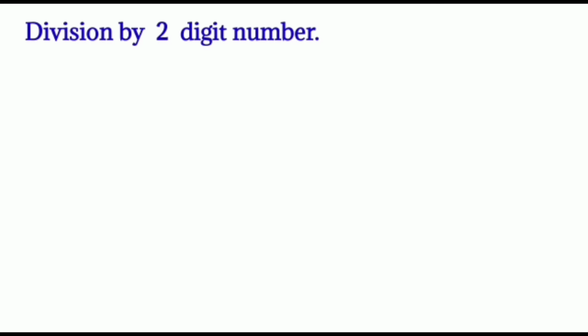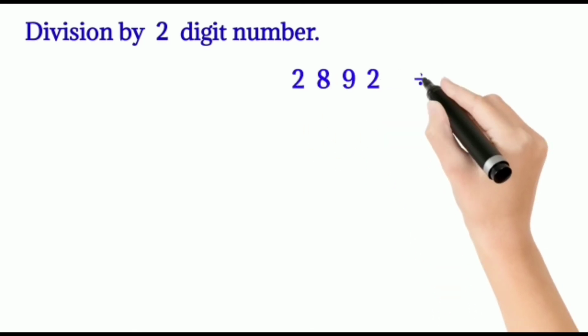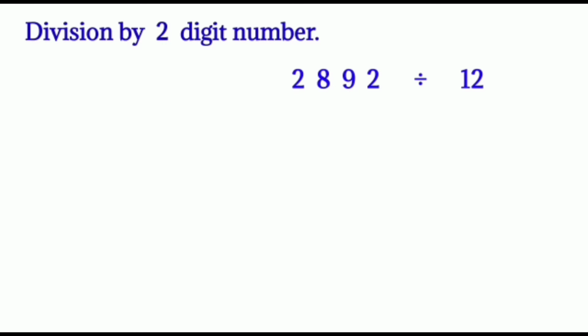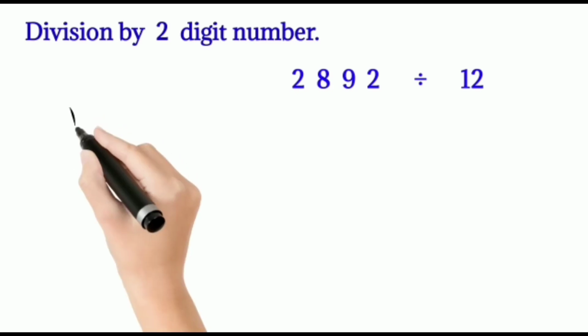Division by two-digit numbers. Divide 2,892 by 12. Here dividend is 2,892.